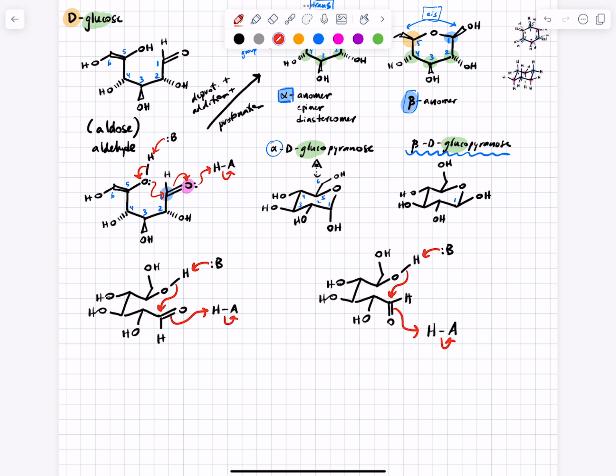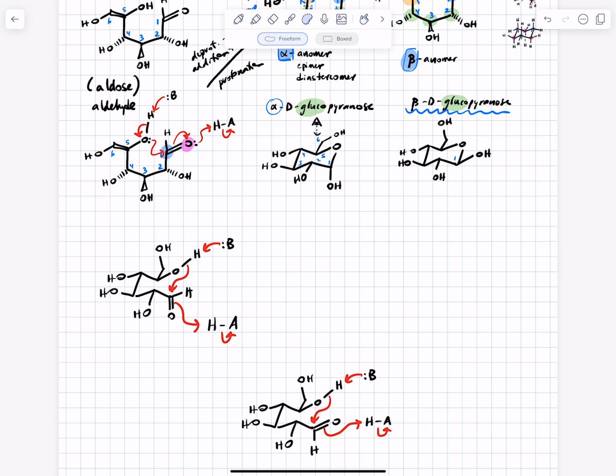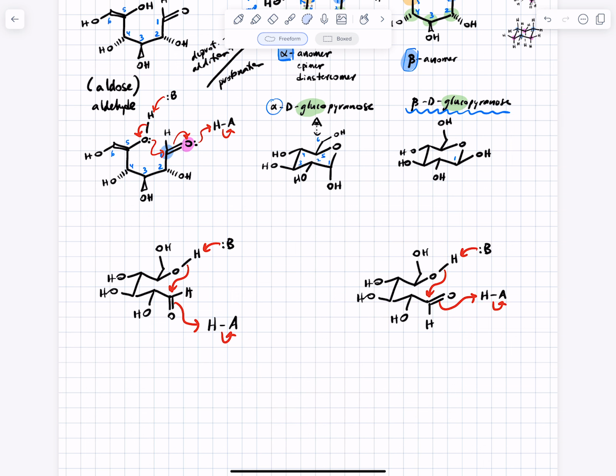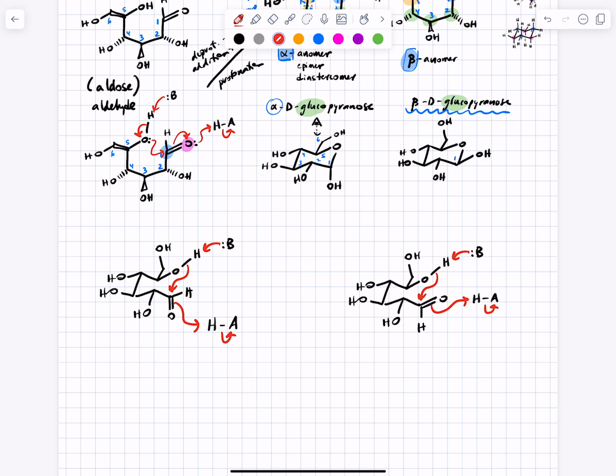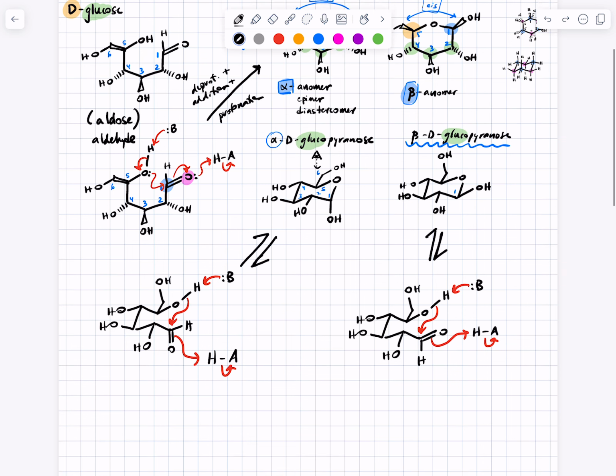What I've just barely drawn for you is how you get the alpha version, and what I've drawn for you here is how you get the beta version. And it turns out that the alpha and the beta anomers of glucose are in equilibrium with each other through the open chain form. So if you put glucose in water, you're going to immediately get a mixture of the alpha and the beta anomers.